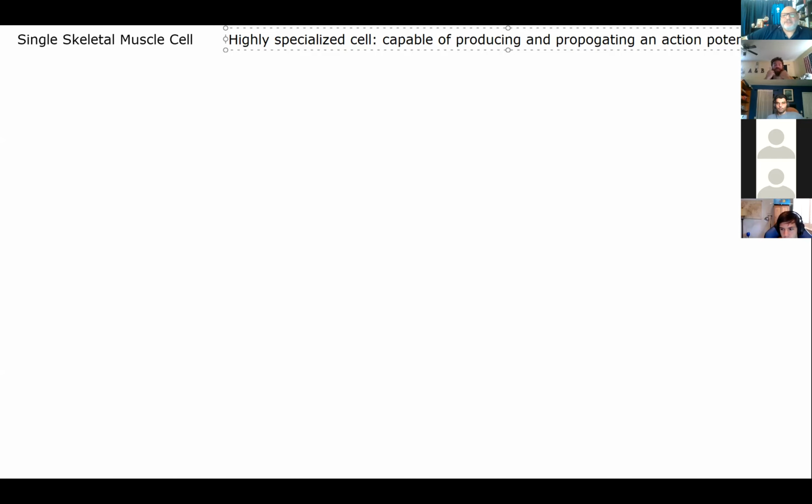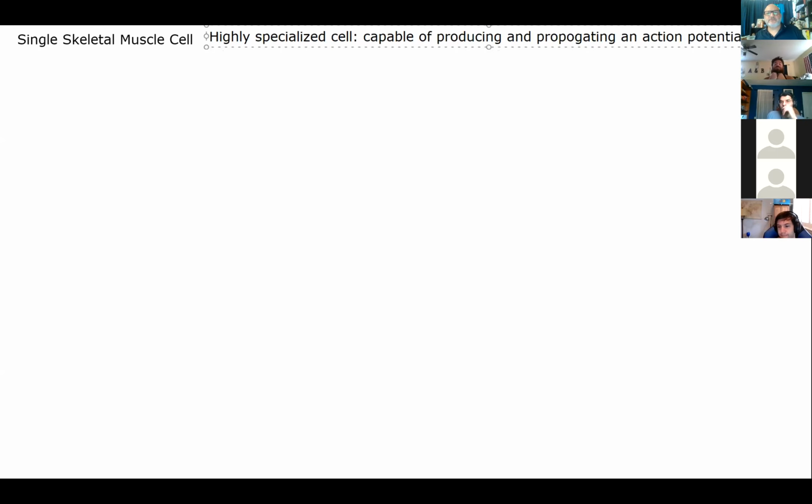Obviously, producing means to make. What does propagating mean? What does it mean to propagate? Yeah, directing or spread. Absolutely. So it can make and spread an action potential. Now, as we know, it is a cylinder-shaped cell.